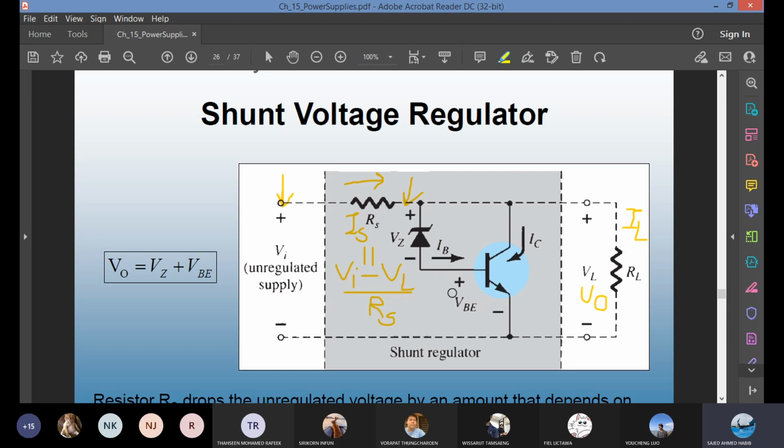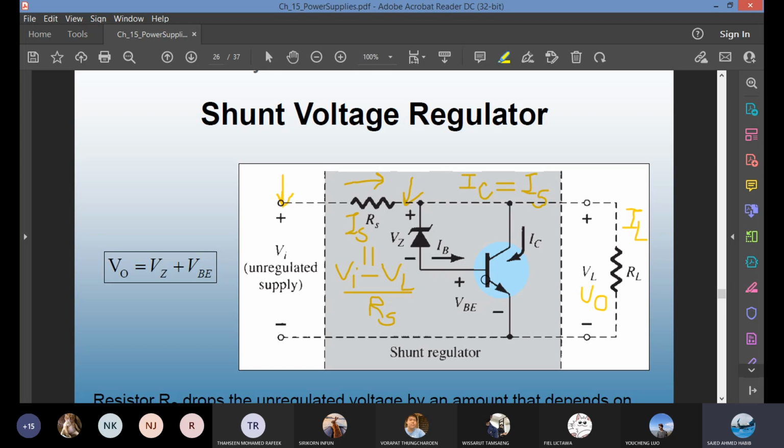What about the collector current? If you take the main current IS and subtract the load current, you will actually get the collector current. So IC equals, in this circuit, IC equals IS, the main supply current.